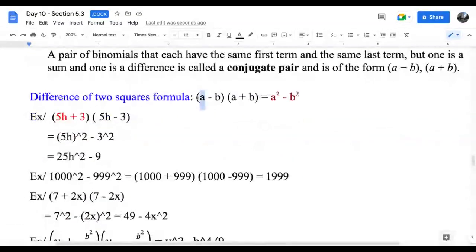Conjugate pairs. We call a minus b and a plus b conjugate pairs, because they differ only by sign. Let's see here, 5h plus 3, 5h minus 3. We recognize this is the difference of two squares, which equals the first term squared, 5h squared, which is 25h squared, minus the second term squared, 3 squared, which is 9.